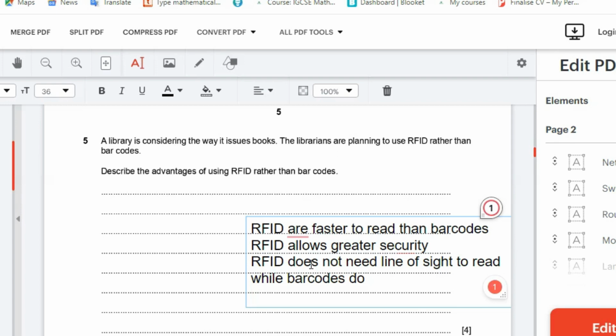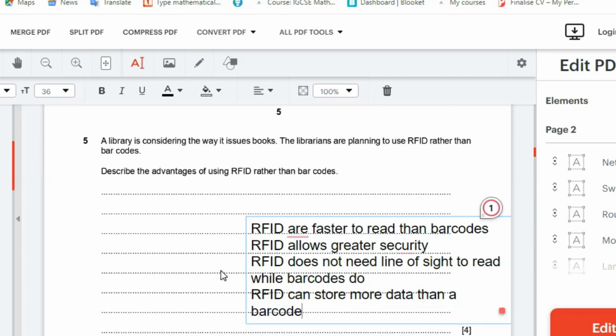So another one is RFID can store more data than a barcode.